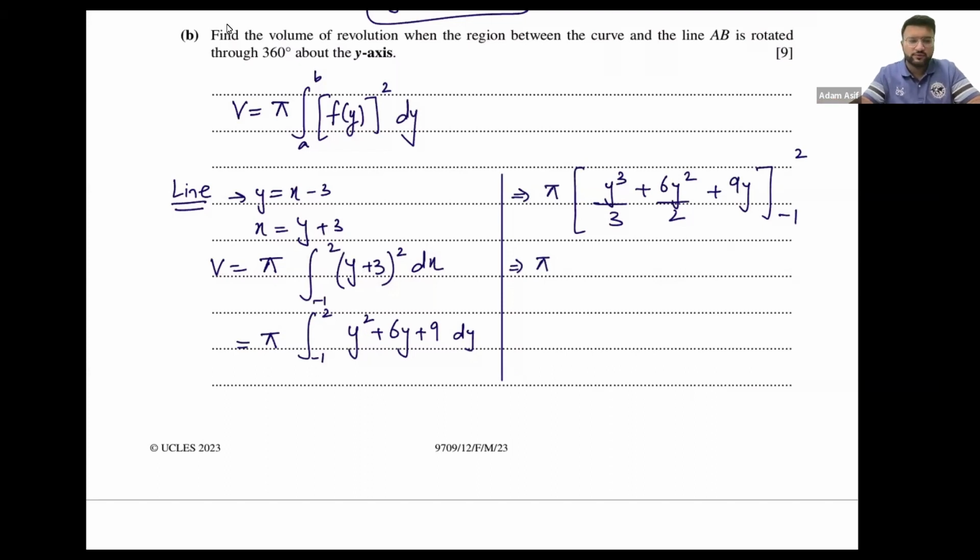Give me the value. मेरे पास 39 पाई आ रहा है. आप चेक करें आपके पास क्या है. अपर लिमिट माइनस द लोअर लिमिट.